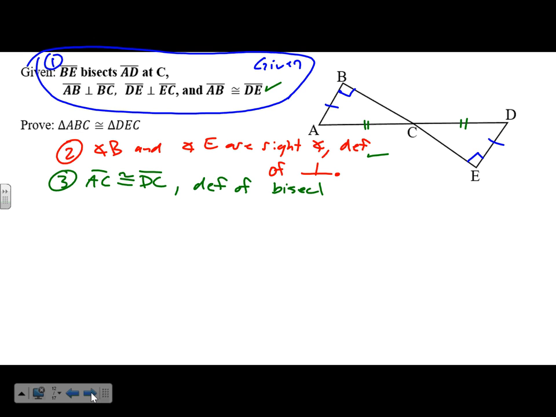Technically it's a segment bisector, but that's okay. So now we have the hypotenuse is AC and CD. We have a leg and it's a right triangle. So I now know triangle ABC is congruent to triangle DEC by hypotenuse leg.